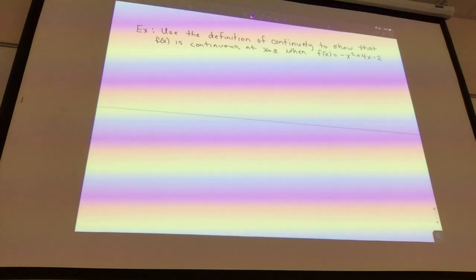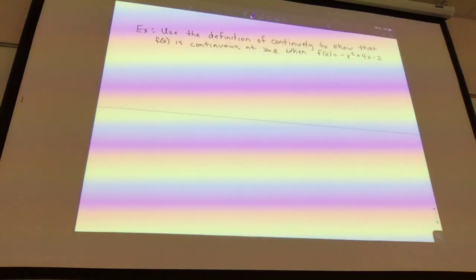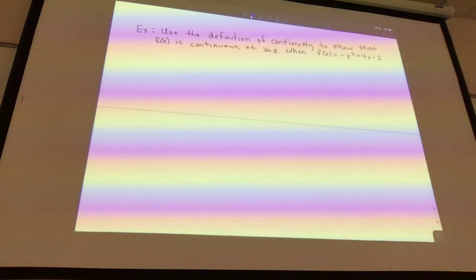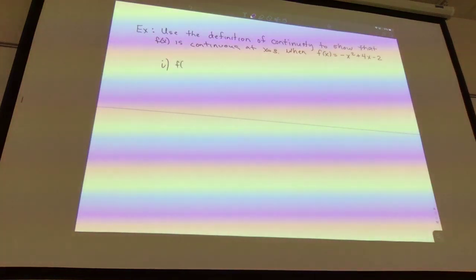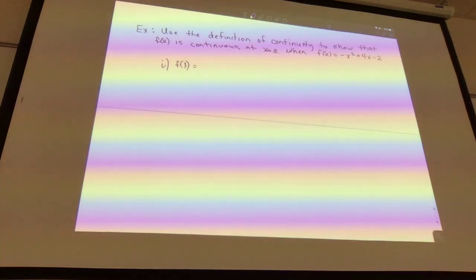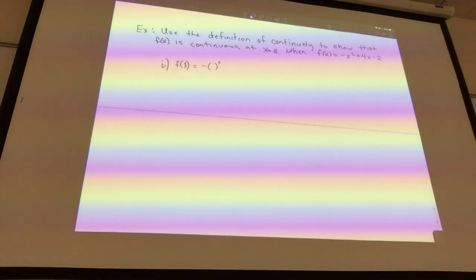So now we're going to show that, right? Earlier in your test, you gave me the definition. Now when it says use the definition, this is what it's going to look like. I'm just going to label it part 1, f of 3. So when x is 3, I'll plug that into my function, negative x squared plus 4x minus 2.